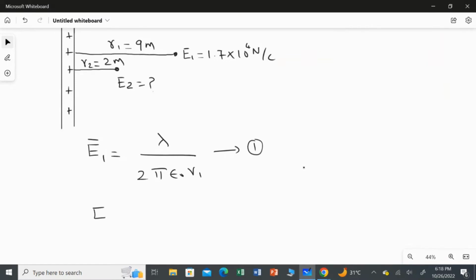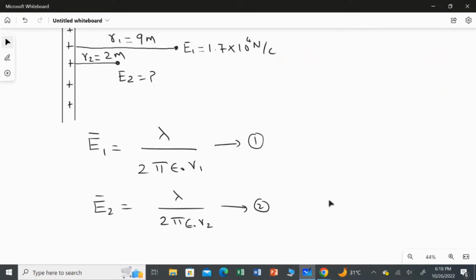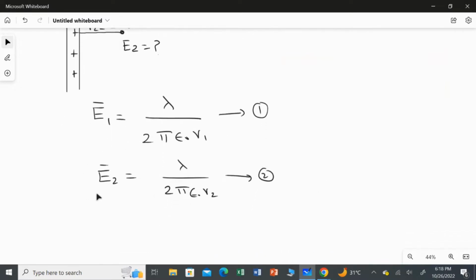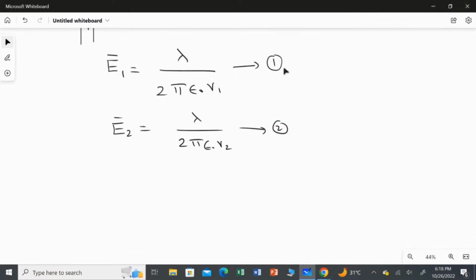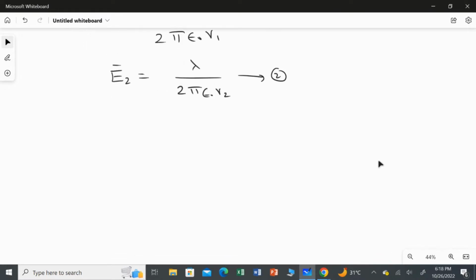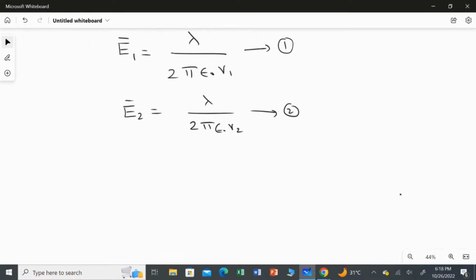Therefore, E2 is equal to lambda over 2 pi epsilon naught multiplied by R2, and I'm going to consider this my second equation. Now, what is our main aim? We are going to find the value of E2. So for getting the value of E2, I'm going to divide equation 2 by equation 1, the second equation divided by the first equation.